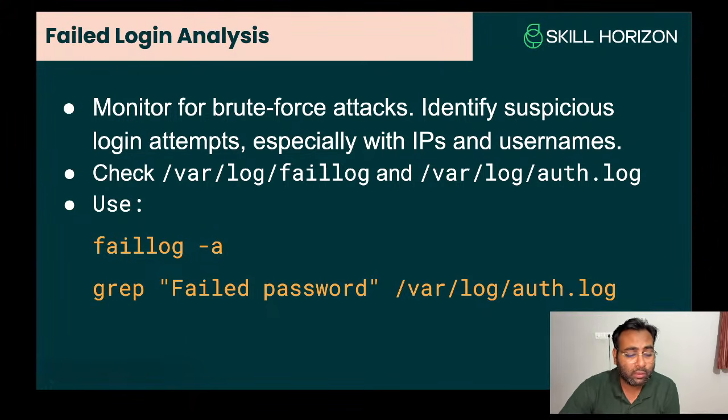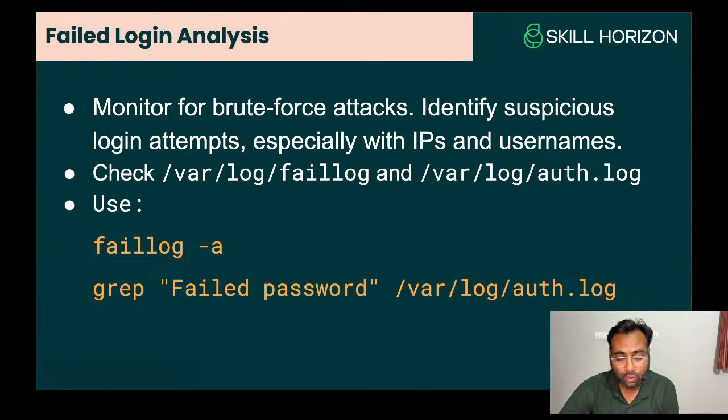This particular file is important for monitoring brute force attacks, identifying suspicious login attempts, especially with IPs and usernames. So you can check the file /var/log/faillog, or maybe /var/log/auth.log. There is a command, faillog -a.